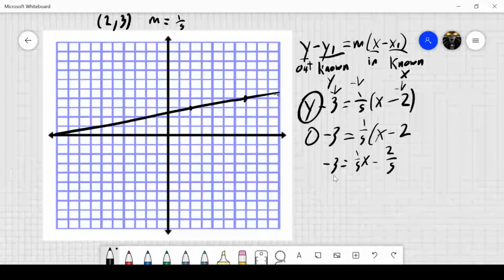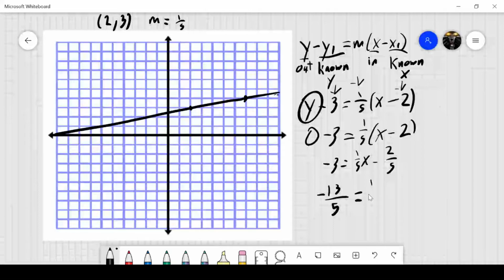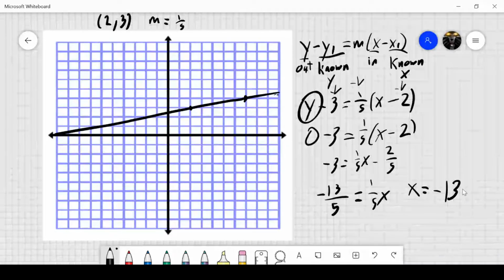We add the 2/5 to both sides, and we actually get negative 13/5, again kind of reversing it this time, equals 1/5 x. Multiply by 5, because this is basically being divided by 5. You'd cancel out that 5, and what you would get is x equals negative 13. So our x-intercept is at negative 13: y of 0, x of negative 13.